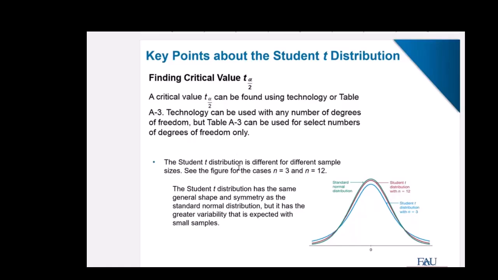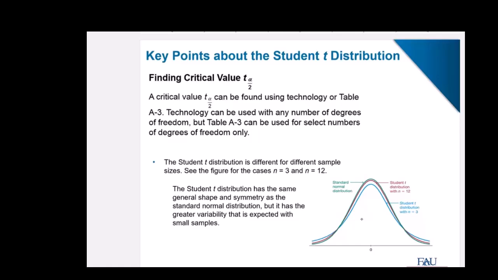The student t-distribution is different for different sample sizes. The green is my standard normal distribution. The blue line is my t-distribution where n is 3. That's small. Now, look how much closer it gets to the green when I make n equal 12.